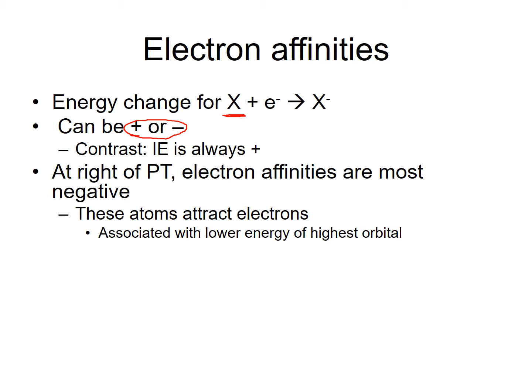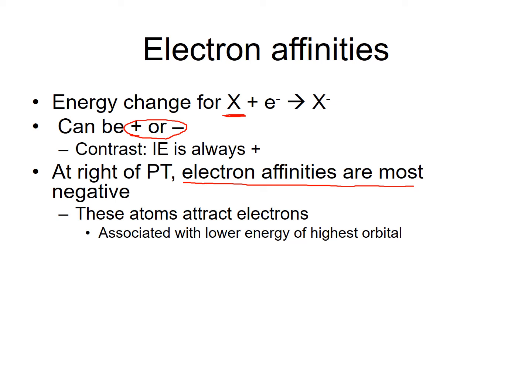Well, the trend is sort of the opposite of ionization energies. You can think of this as sort of the opposite process. At the right-hand side of the periodic table, before I get to the noble gases, electron affinities are the most negative. And that's because these atoms are those that attract electrons.